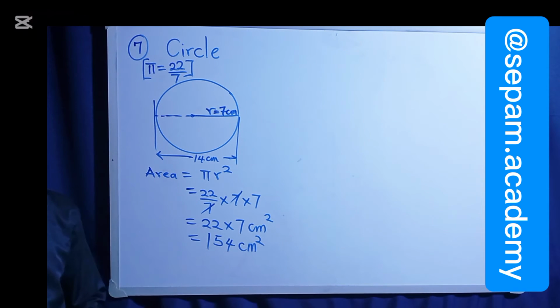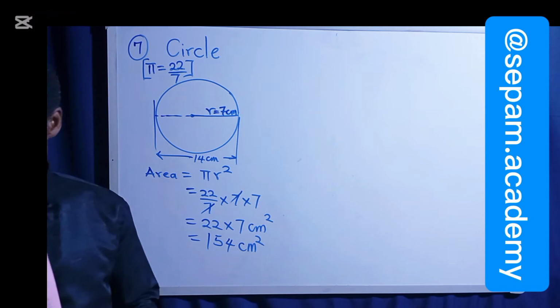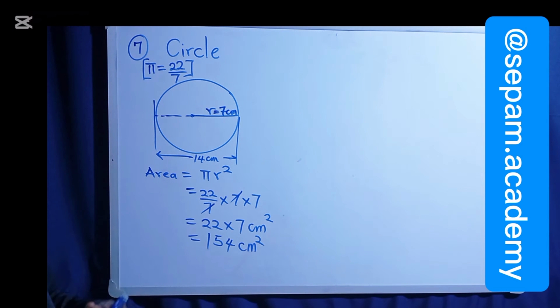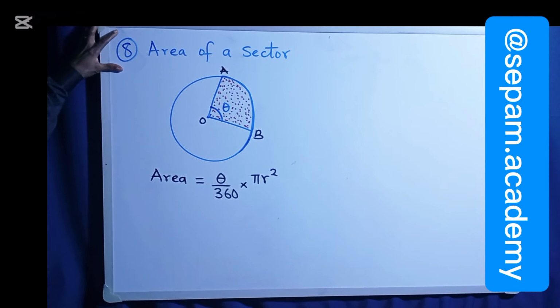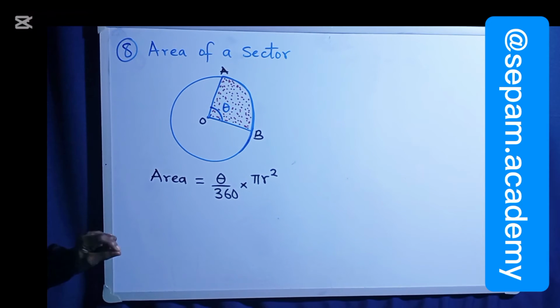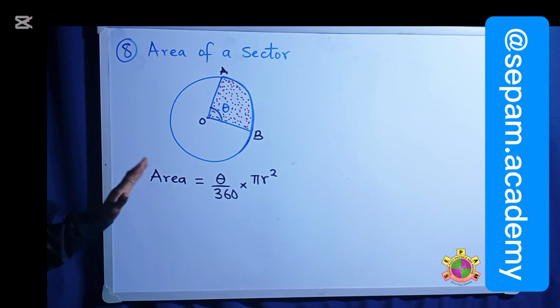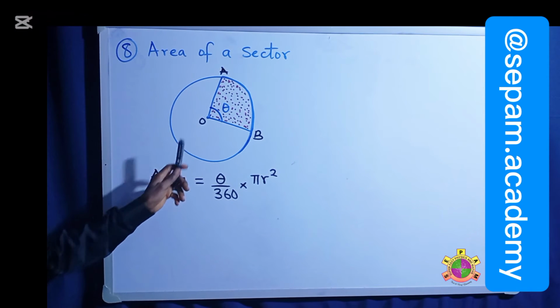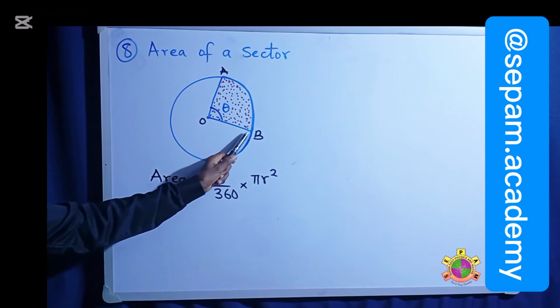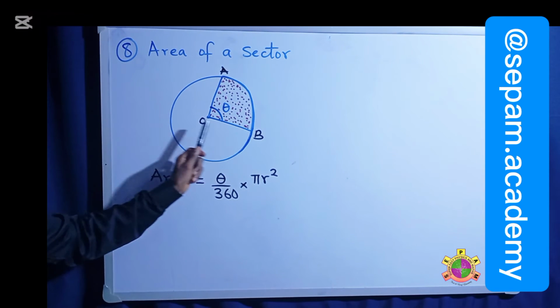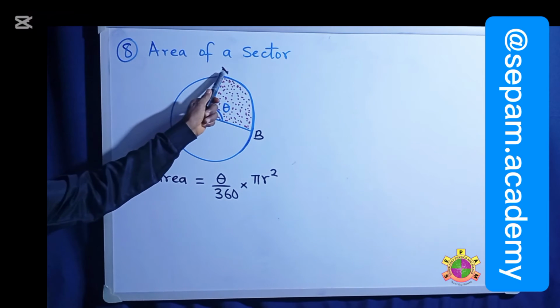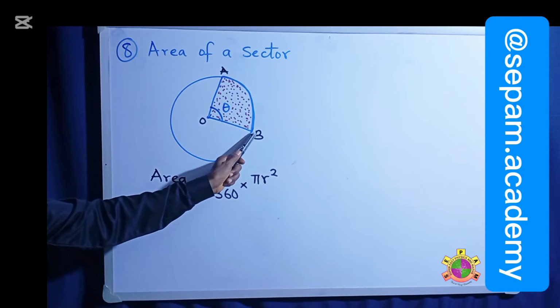So the next one we're going to be looking at is the area of a sector. All right, so the eighth shape that we are treating in this video is the area of a sector. Now, what is a sector of a circle? A sector of a circle is a part of the circle that is bounded by two radii, OB and OA, and then the arc AB.